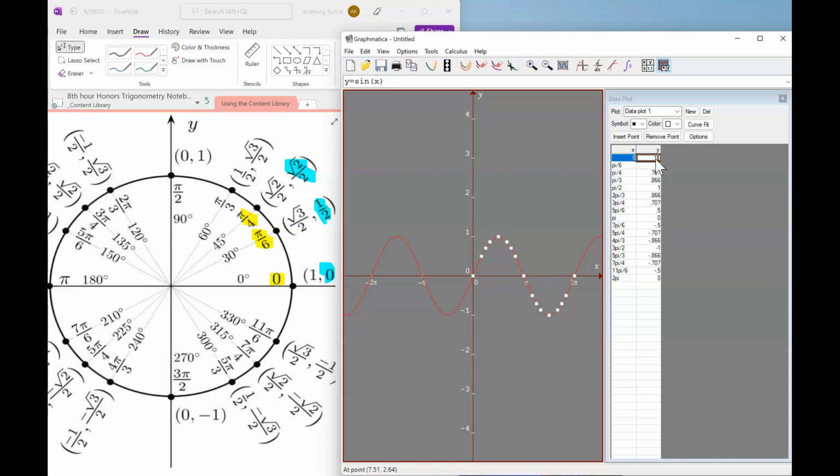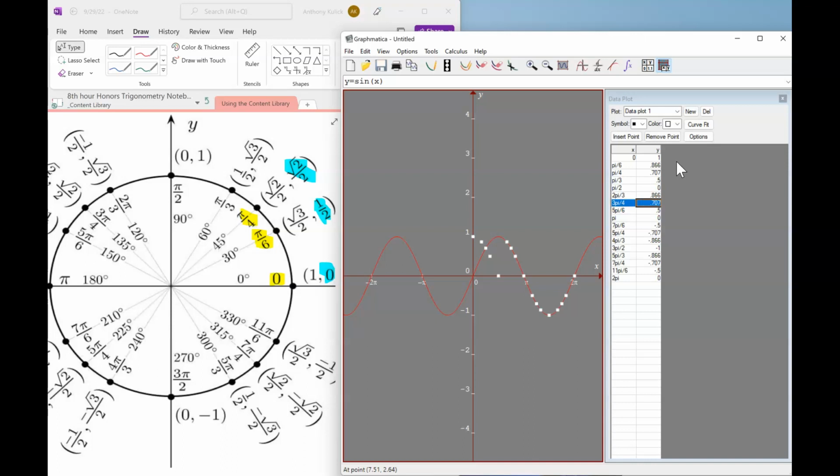So I'd have 0, 1, pi over 6, and square root 3 over 2. That's about 0.866. And then pi over 4, square root 2 over 2. And then pi over 3 and a half. And then pi over 2 and 0.